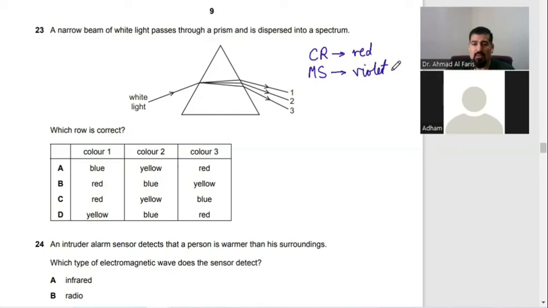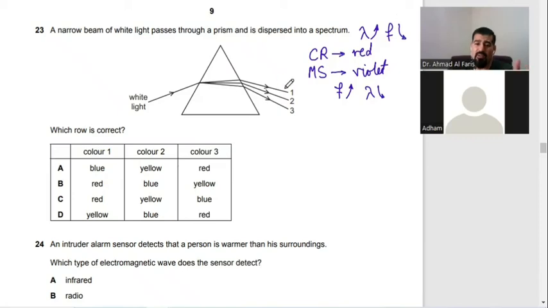Both colors have the same speed in air, but as they refract they go to a slower medium and change direction. Since Messi is slower, it has higher frequency and shorter wavelength. It can deviate more, refract more than Cristiano Ronaldo, who has longer steps. He's taller and has lower frequency, a lower number of steps when he runs.